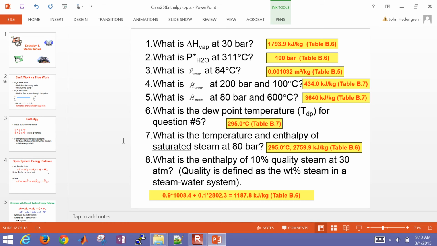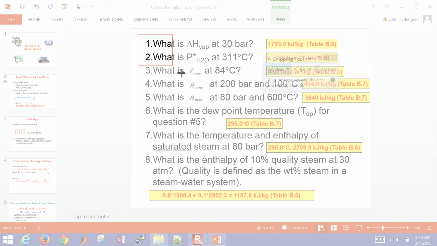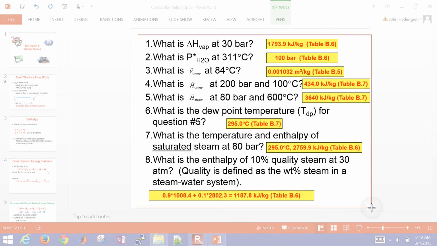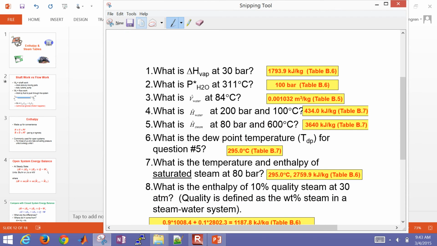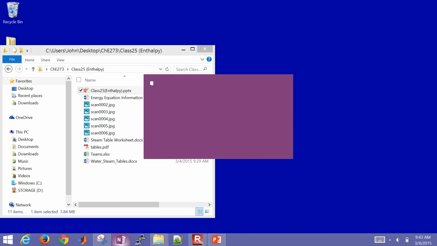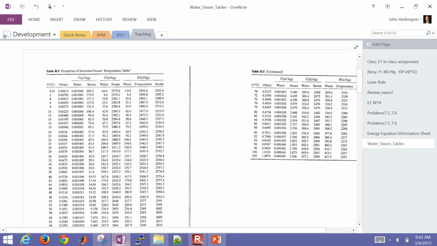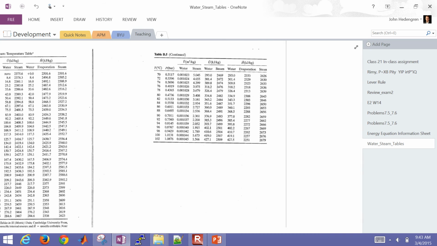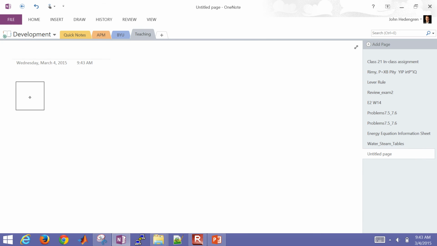But let's go through the steam tables and see if we can work through some of these problems. The answers are there for your reference, but I'm going to show these to you on the tables as well. Let me grab this, and then I'll come over to my other program and paste this one in.